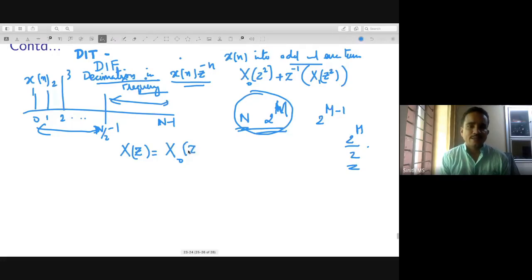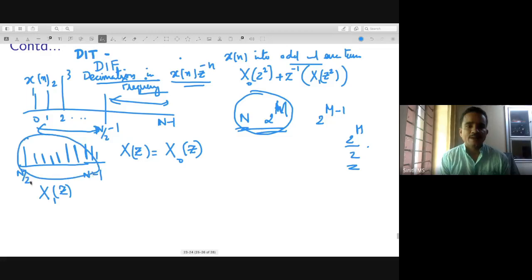And if you take the next half, which is starting from N by 2 to N minus 1, which is the next N by 2 elements, let us represent this as X1(z). So basically this signal X1(z) has values from 0 to N by 2 minus 1.